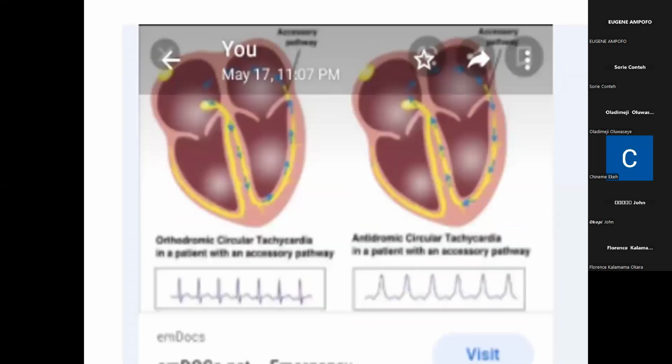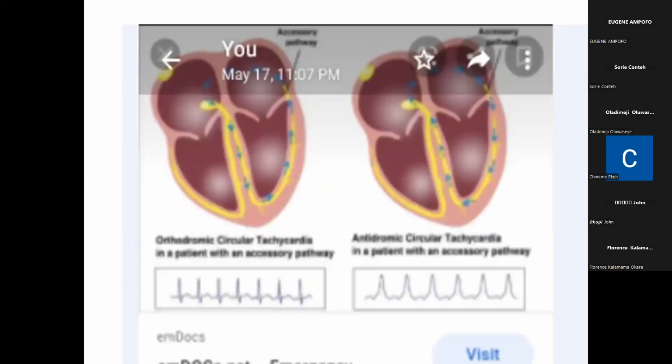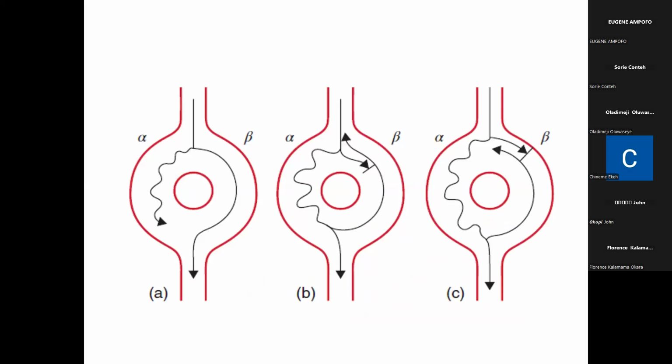Okay, I think I've tried to emphasize why the normal or typical AVNRT will have a short RP interval.